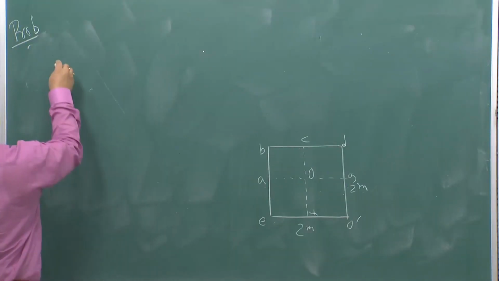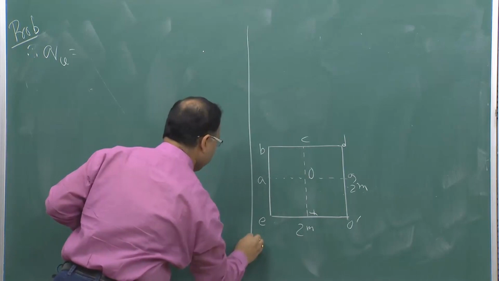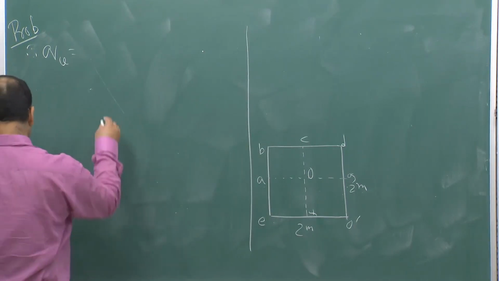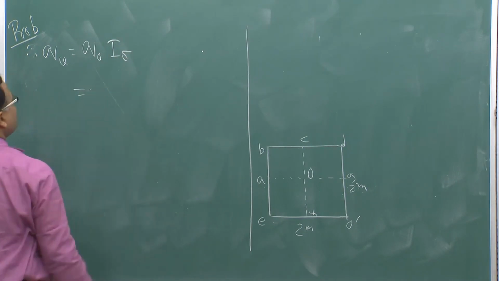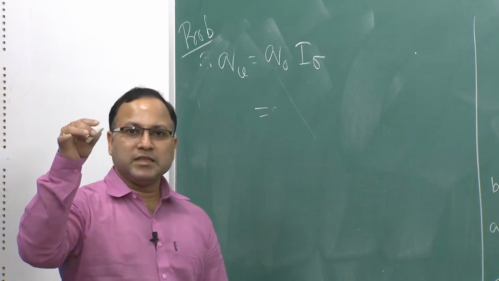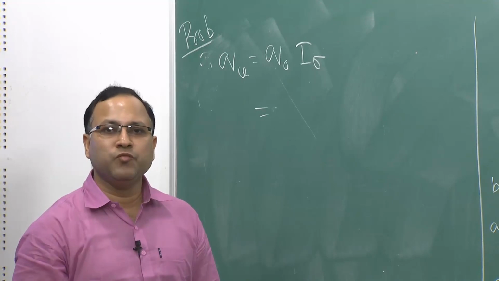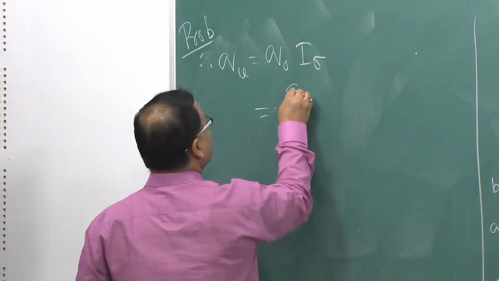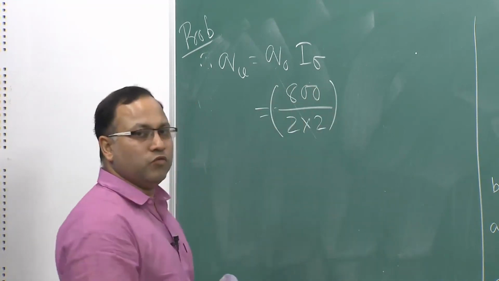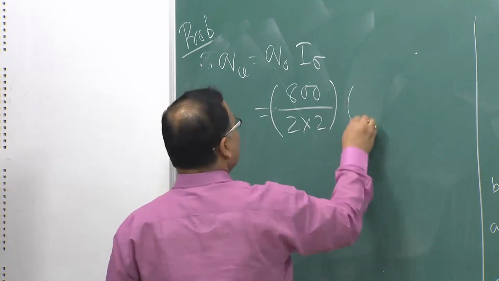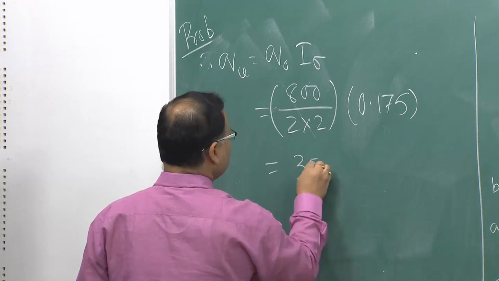So, your QV is equal to Q naught I sigma. What is Q naught? Total load is acting as 800 kilonewton, okay, on what area? On 2 meter by 2 meter square area. So, Q naught is nothing but 800 by 2 into 2, into I sigma is 0.175, that comes as 35 kPa.